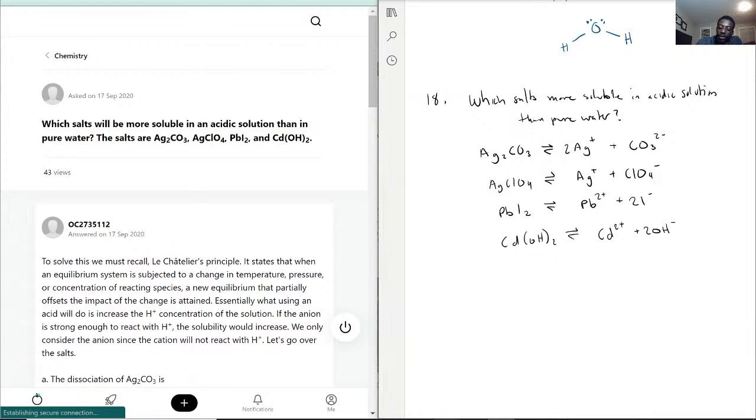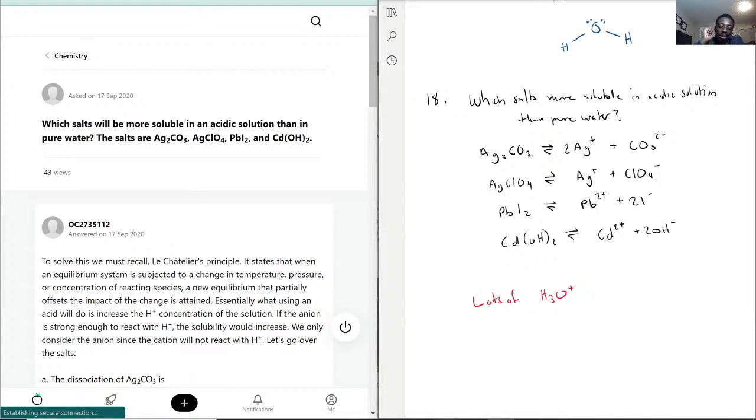An acidic solution is something that has lots of H3O plus floating around. With that being said, we can look at these equations and figure out what would happen here.